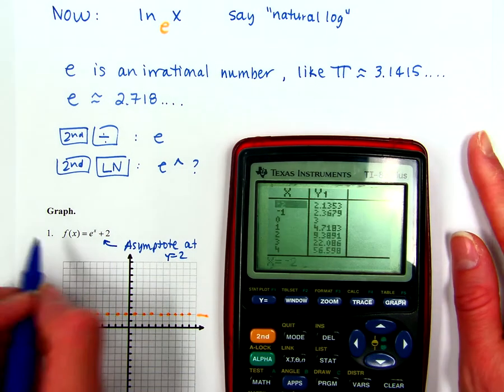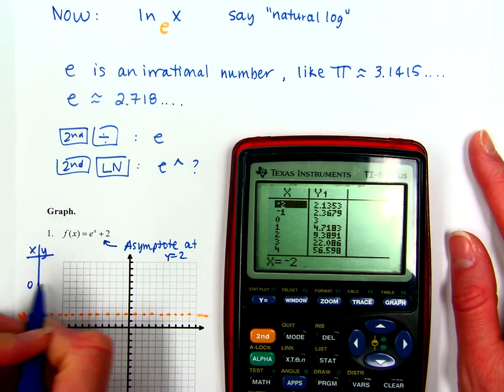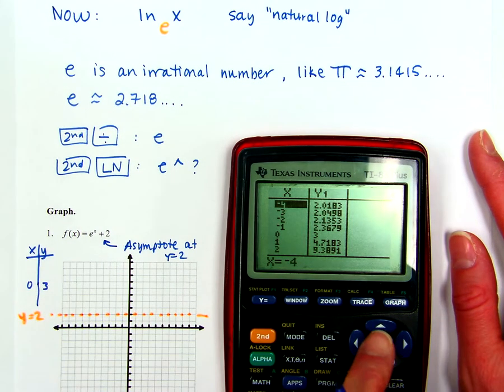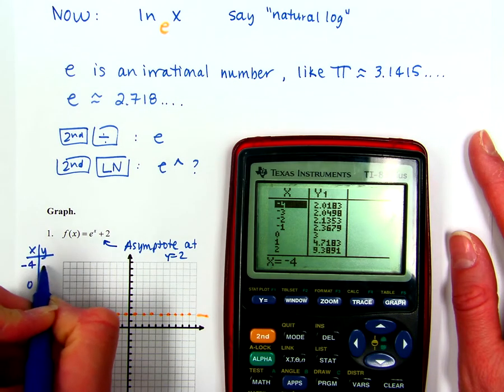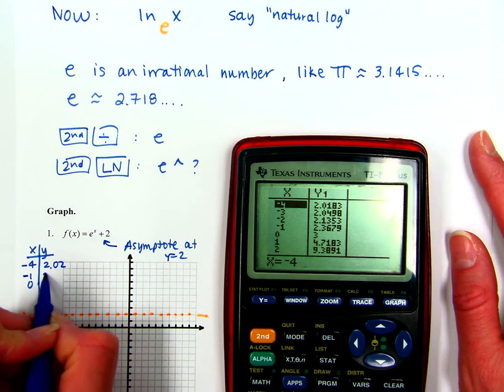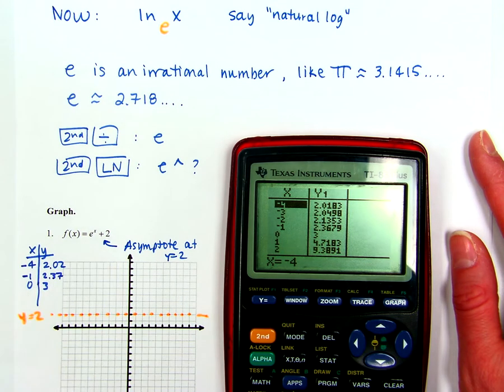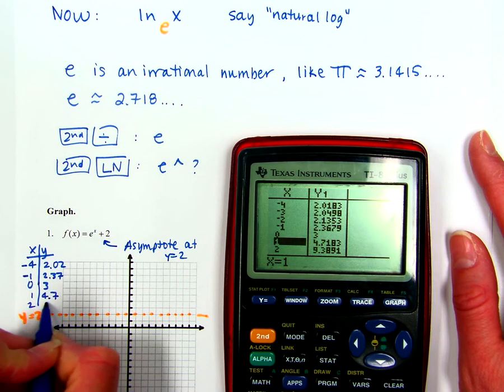If I go to my table, I'm going to just find a couple of nice points to plot. So I see I've got (0, 3). You probably won't find too much in terms of whole numbers, so we'll just do (-4, 2.02), (-1, 2.37), (1, 4.7), and (2, 9.4).